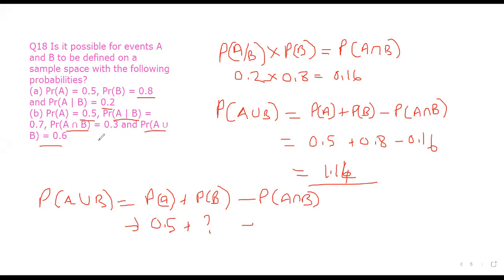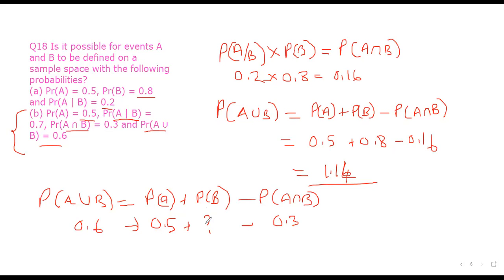There's a different question here, it's part B. Probability of A is 0.5. Probability of A intersection B is 0.3. The union set is what? 0.6.